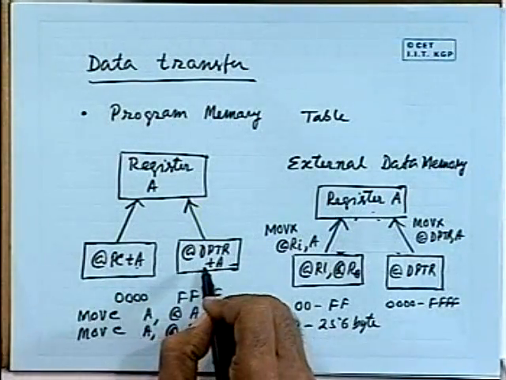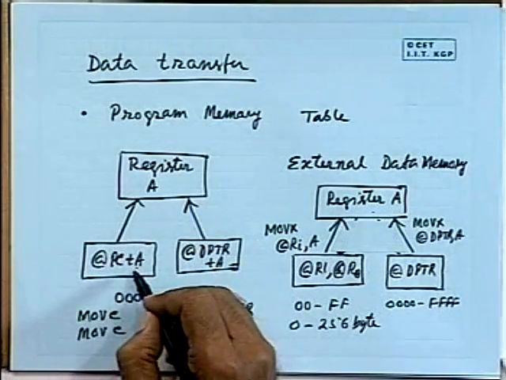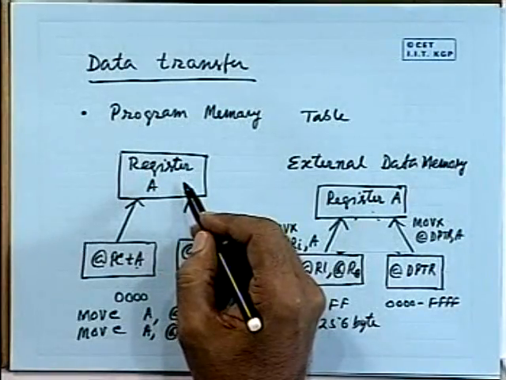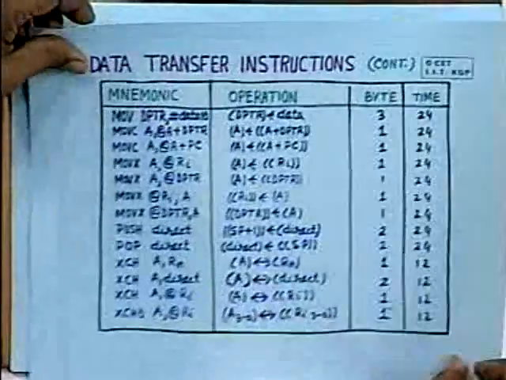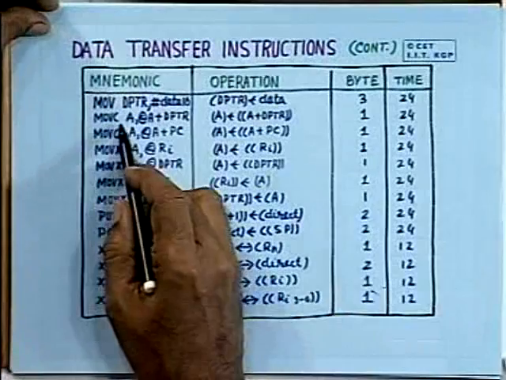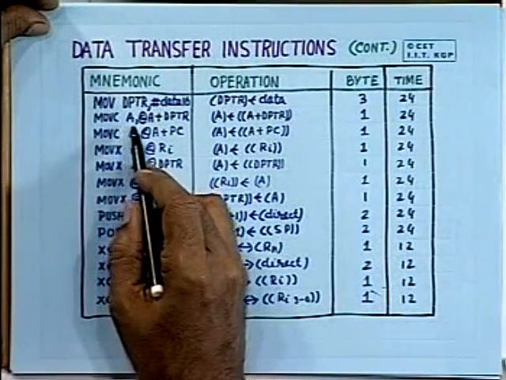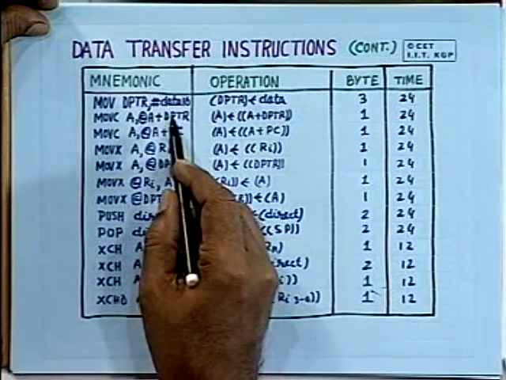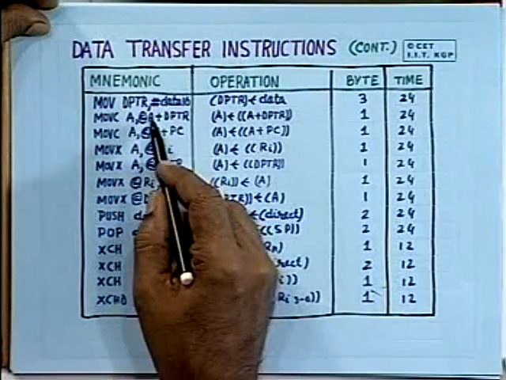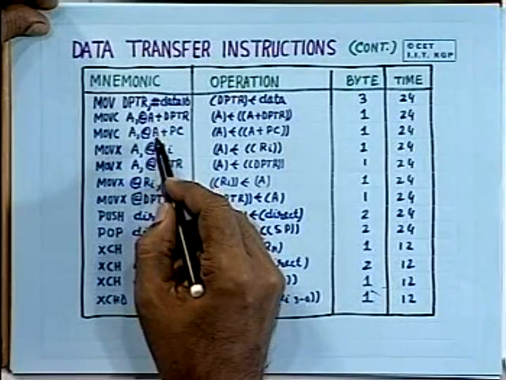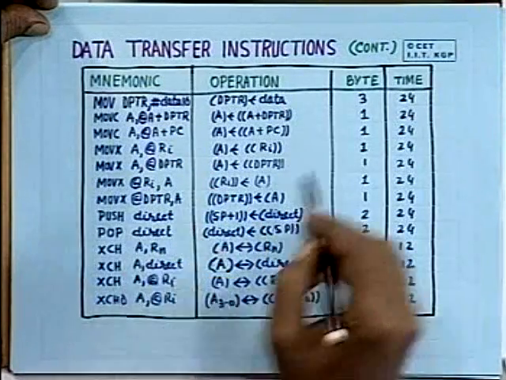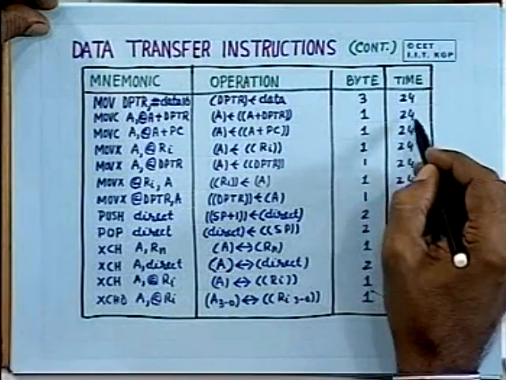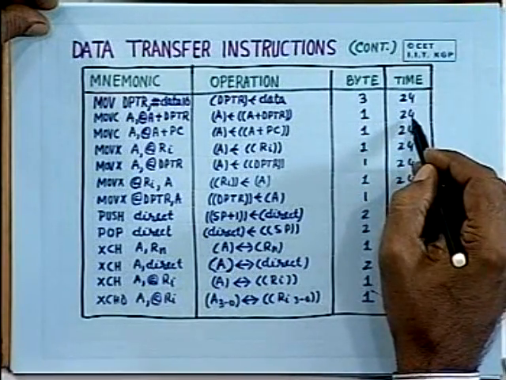And since the data is coming from ROM, it is coming only to the register, that means the accumulator. These are the instructions: MOVC A, @A+DPTR, where the data pointer and program counter act as the base registers and the accumulator acts as the index register.